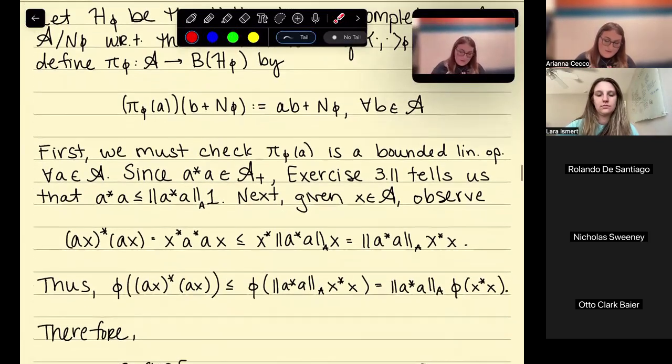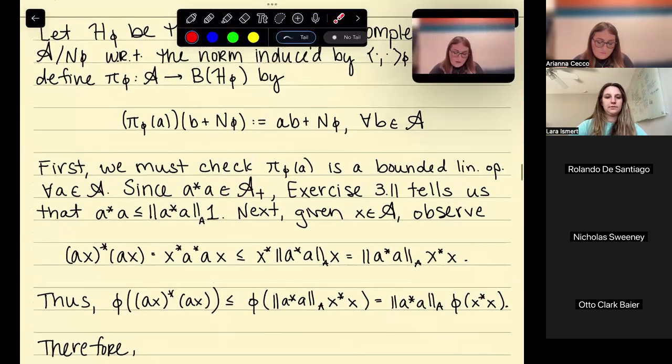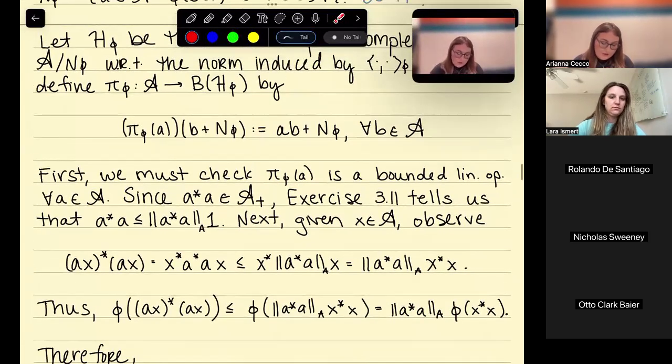So now, first we must check that this map we defined is actually a bounded linear operator. So let's do that. First, we know that A star A is a positive element. And exercise 3.11 from the notes tells us that A star A is less than or equal to the norm of A star A times the unit.